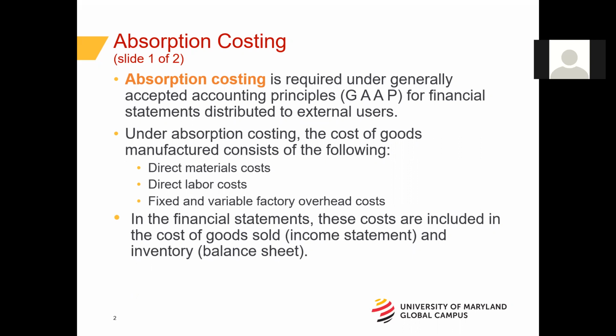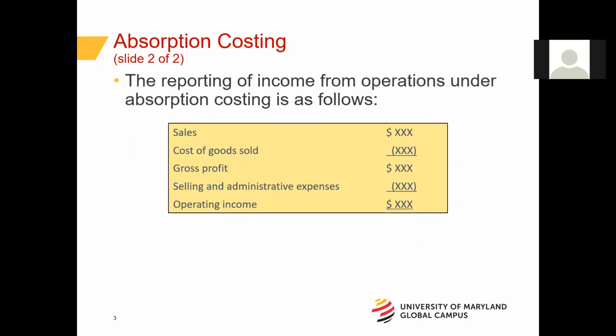We know that cost of goods sold is made up of those costs that were at one point finished goods. So when we think about absorption costing, I want you to think about it from the perspective of all of the costs associated with manufacturing and selling our finished goods. From our operations, we recognize income at the point of sale, right?